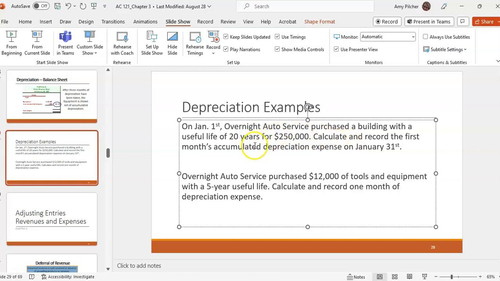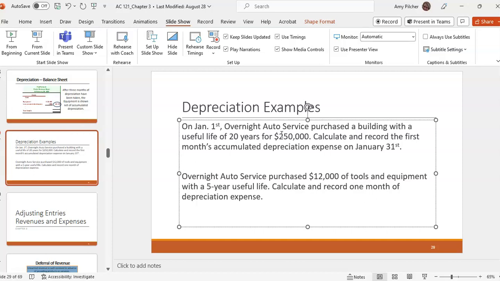Calculate and record the first month's accumulated depreciation expense on January 31st. It doesn't say anything about salvage value or residual value here, so we can only assume that it's zero. So 250,000 minus zero is 250,000.